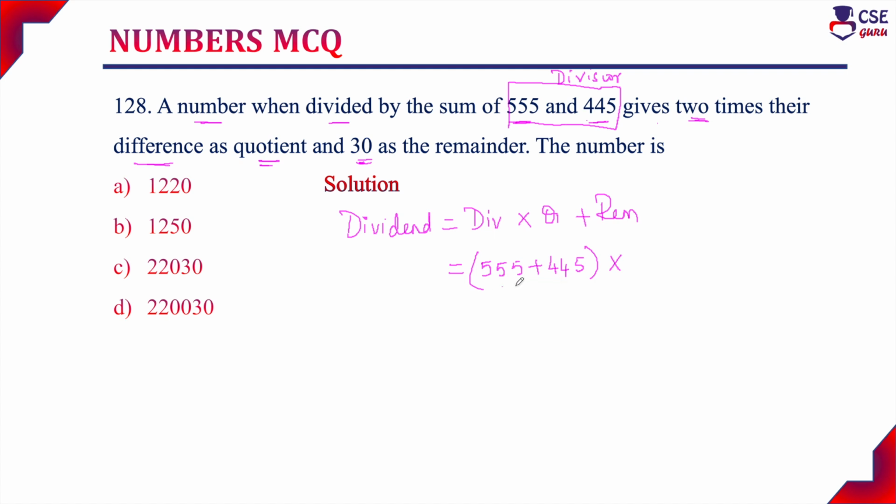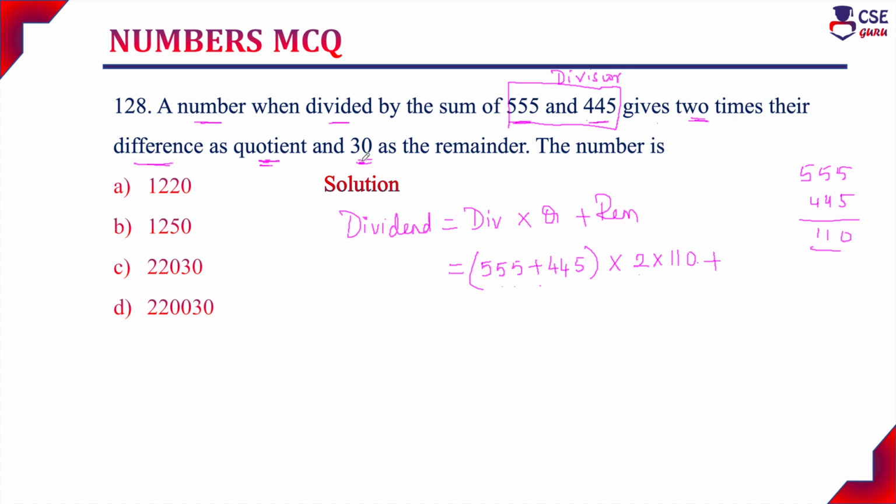The difference 555 minus 445 is 110, so 2 into 110 is the quotient.